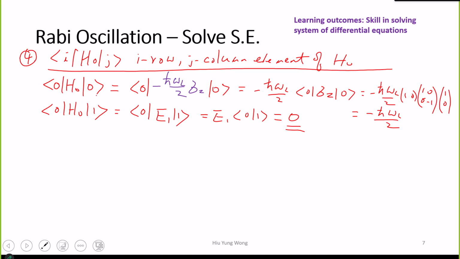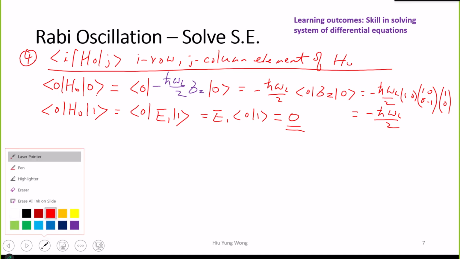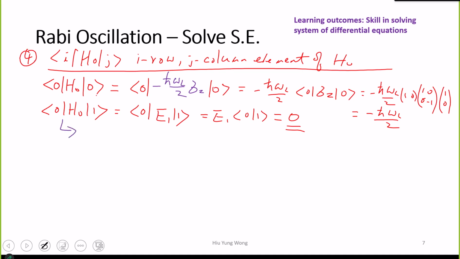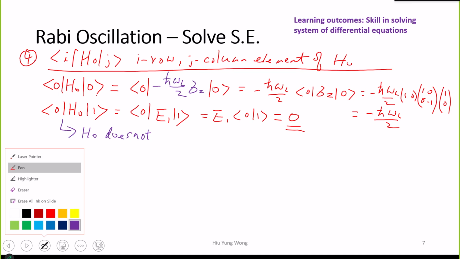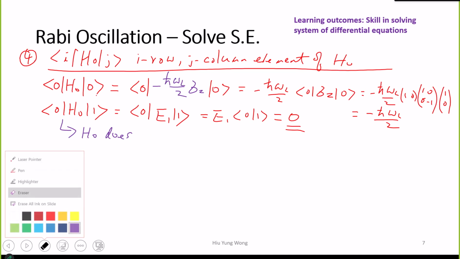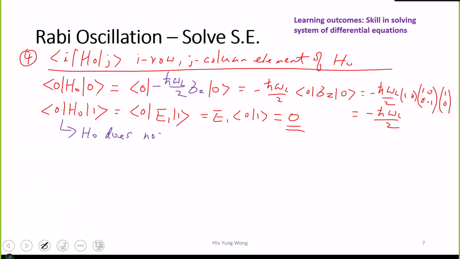So basically what you say is there's no coupling between the two states through H0, right? So the original Hamiltonian H0 does not couple |0⟩ to |1⟩.